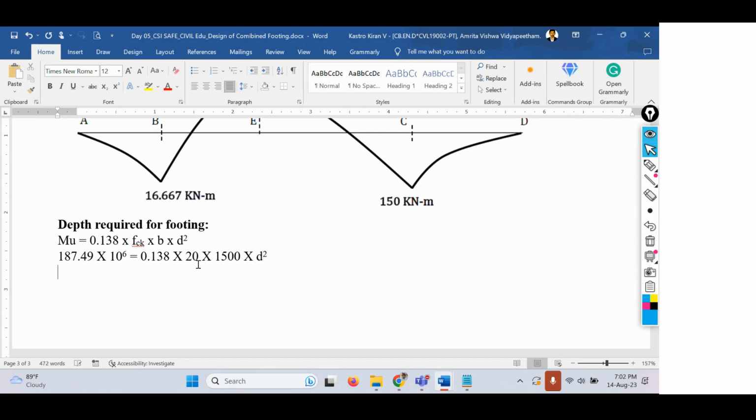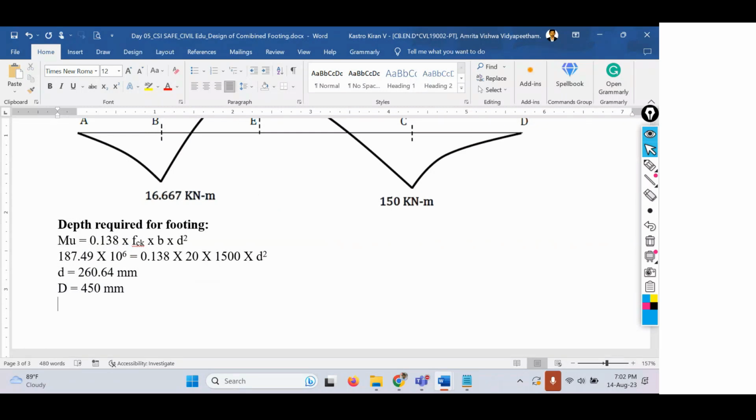Once you calculate this equation, d equals 260.64 mm. So for capital D, I'll assume some 400, 450, 500, any value. Let's go with 450 mm. We'll check whether it will come good or not, that is in shear and flexure. So from this, we can decide the overall depth of the footing as 450 mm.